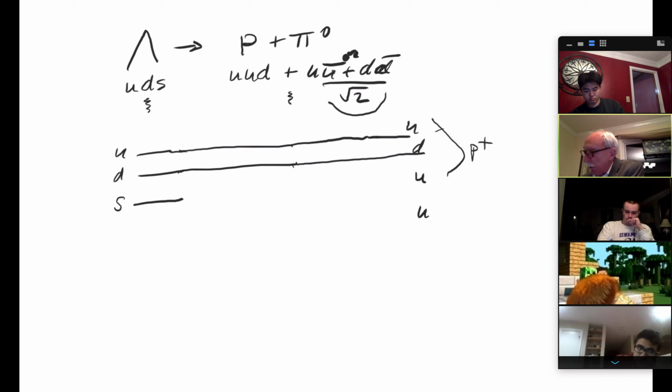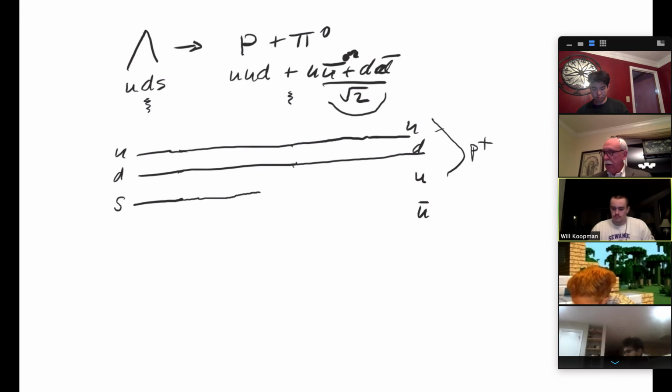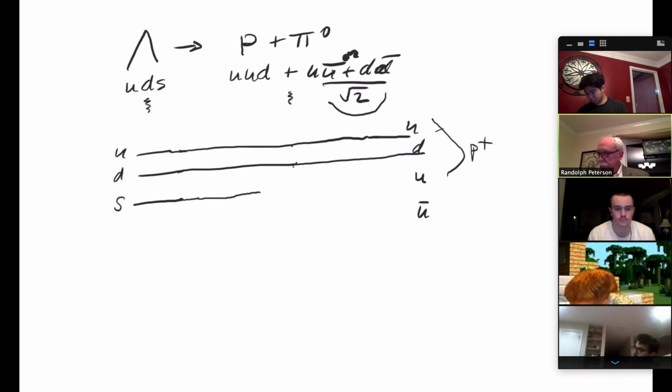And that means I also need an inverse U, to produce a U bar pair.